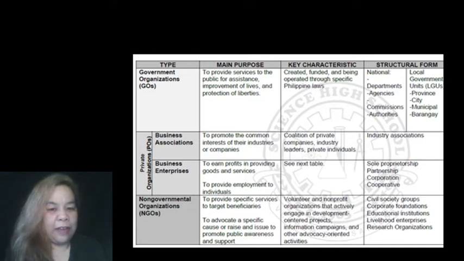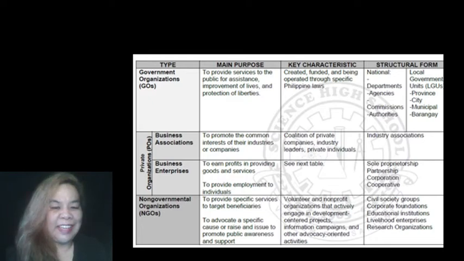Finally, we have non-governmental organizations, or NGOs. They provide specific services to target beneficiaries. They advocate a specific cause or raise an issue to promote public awareness and support.